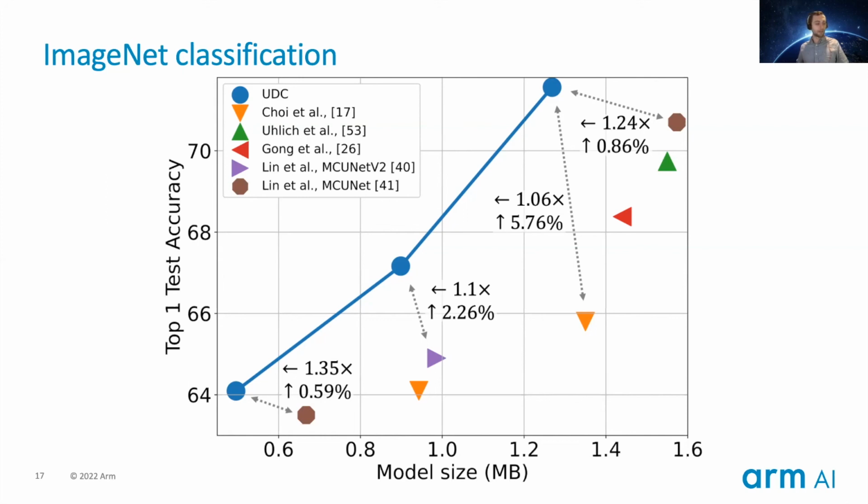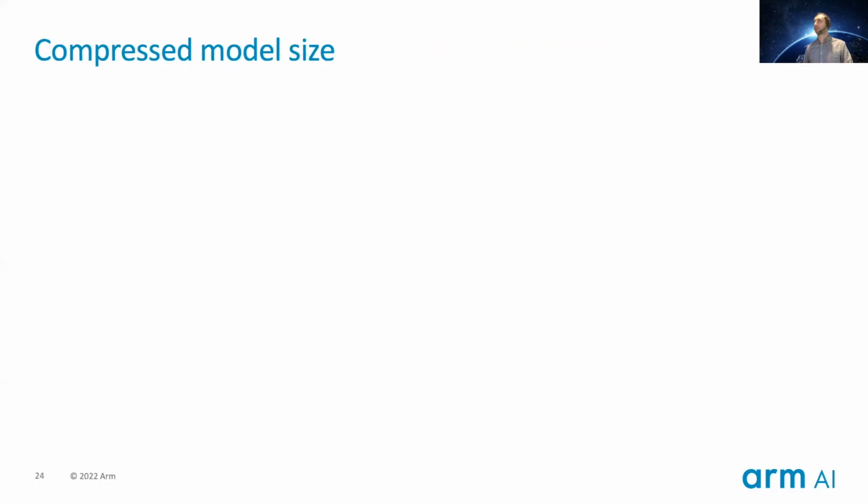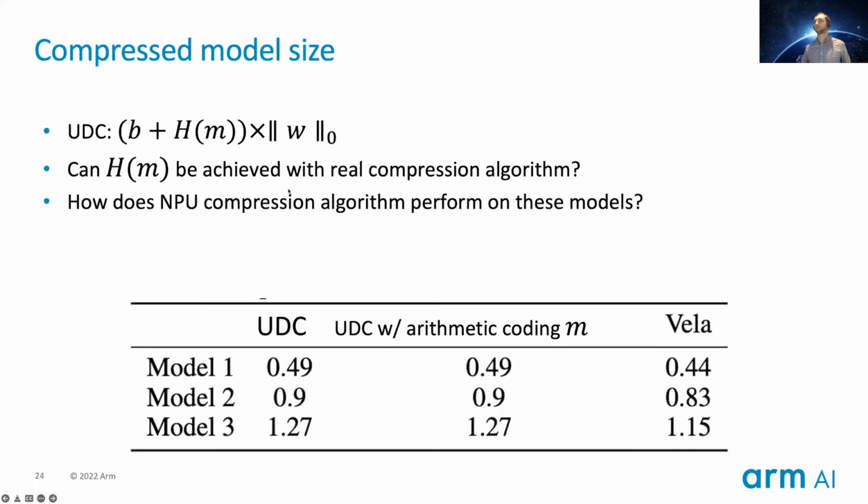Intuitively, I think we're getting pretty close to the limit, because the decomposition that I showed here for the compressed model size is sort of the optimal compressed model size, assuming that the mask and the quantized weights are independent of each other.